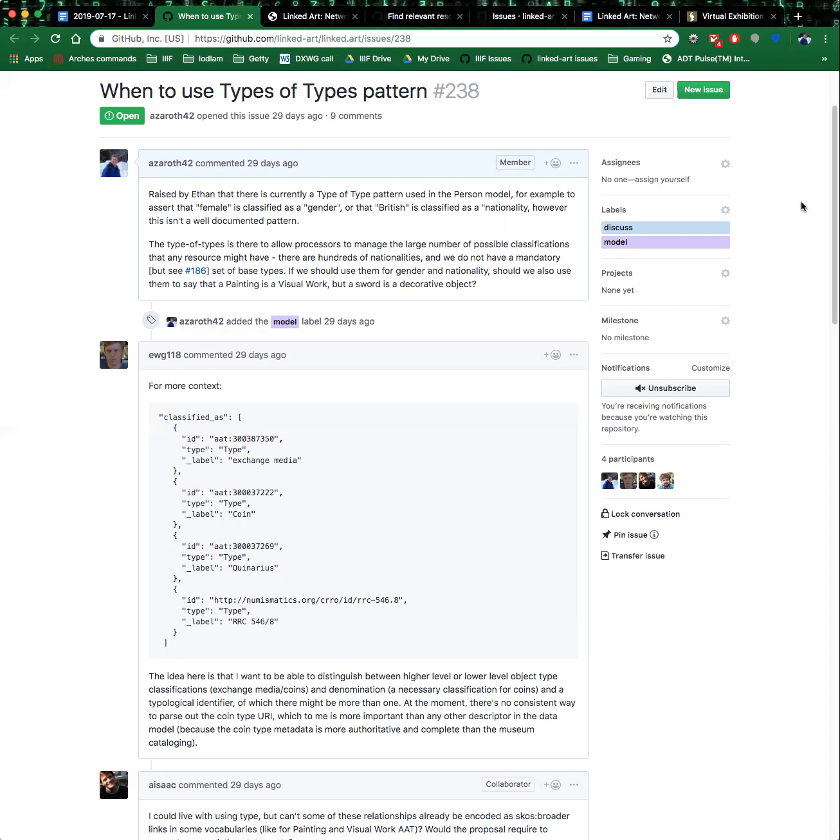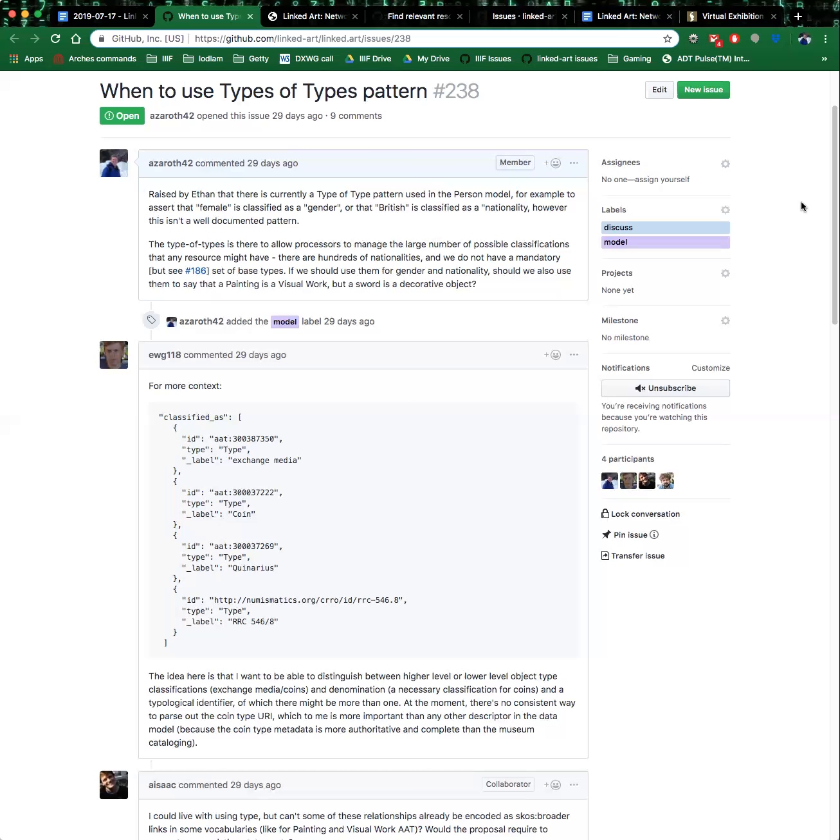But if we are pulling from multiple vocabularies, which I think for things like nationality and language and gender and so on is going to be essential, and also for just types of objects. AAT is pretty thorough, but as soon as you get down into culture-specific object types, it fizzles out.